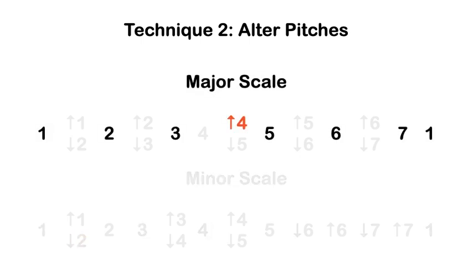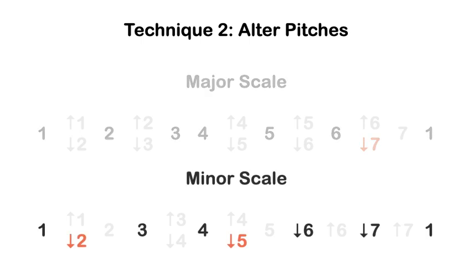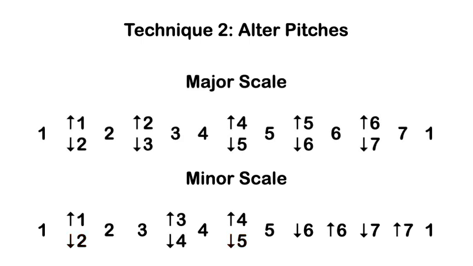The Lydian scale is a major scale with the raised 4th scale degree. The Mixolydian scale is a major scale with a lowered 7th scale degree. And the Locrian scale is a minor scale with a lowered 2nd and lowered 5th scale degree. So just by altering one, and in one case 2 scale degrees, I end up with a church mode, a scale structure that was used fairly frequently back in history.